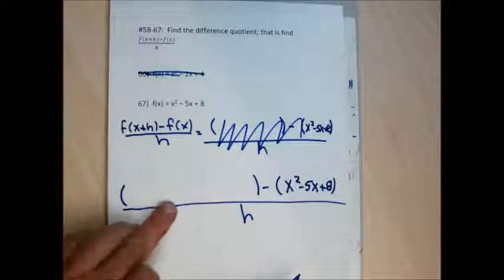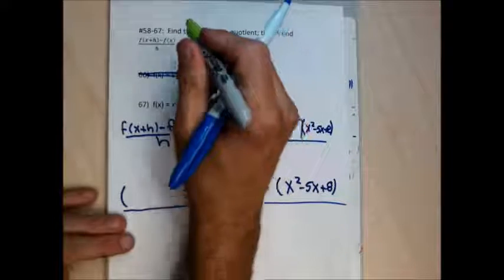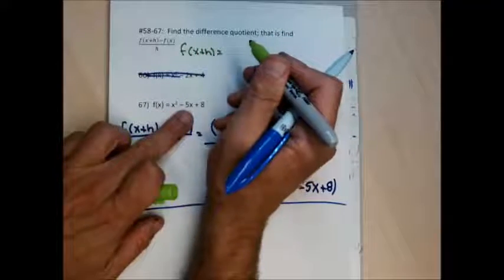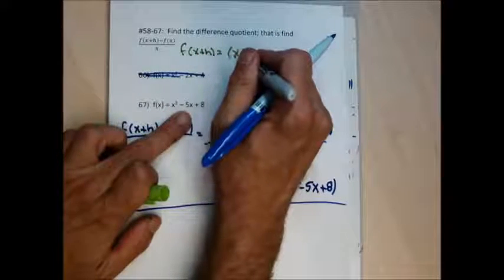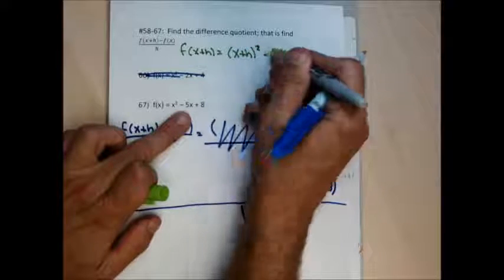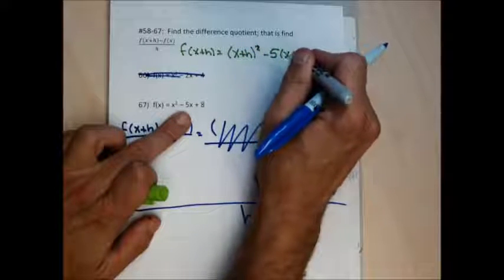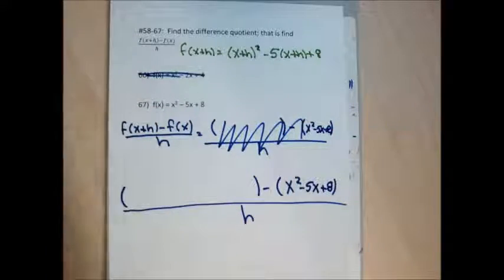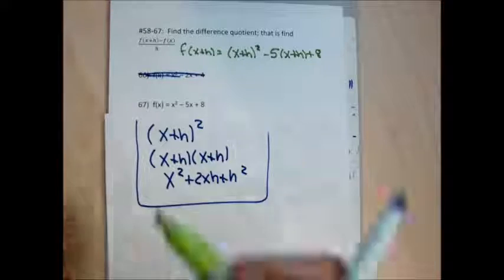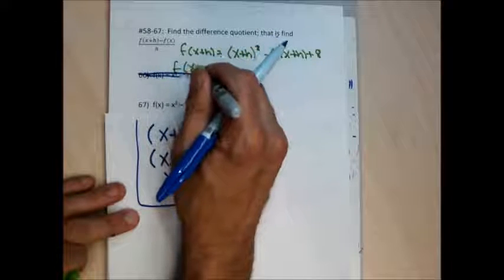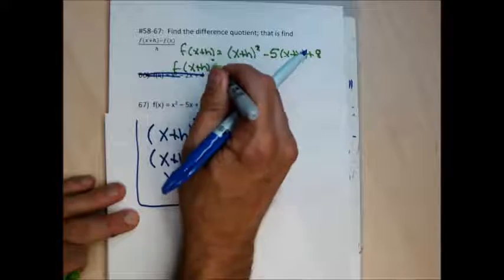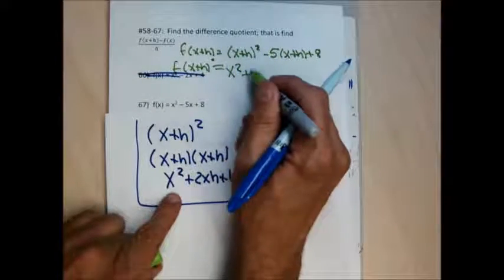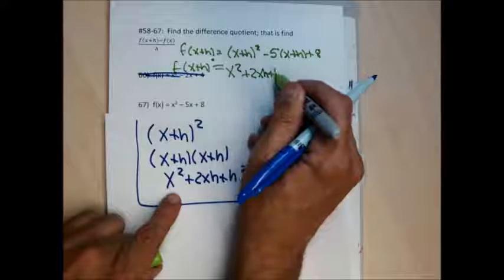And then for the f of x plus h parentheses, I need to figure out what it is. F of x plus h is what you get when you change those two x's to x plus h. So I'm going to get x plus h quantity squared minus 5 times x plus h plus 8. Borrowing from the sheet that I knew I was going to need, for the x plus h quantity squared, I'm going to put x squared plus 2xh plus h squared.